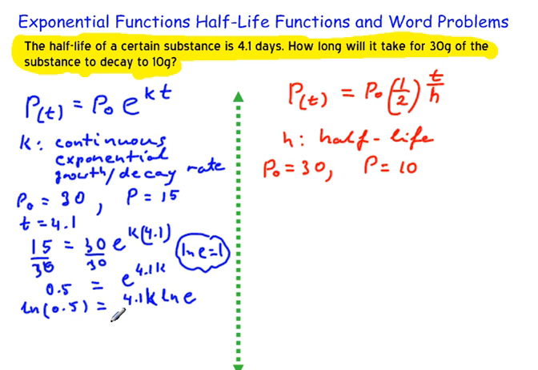To find k, you would simply divide both sides by 4.1, and k is equal to, when you use your calculator, -0.16906.